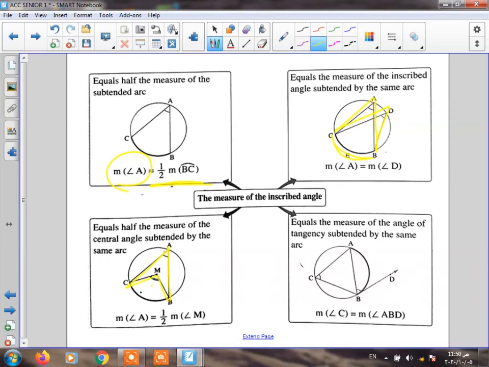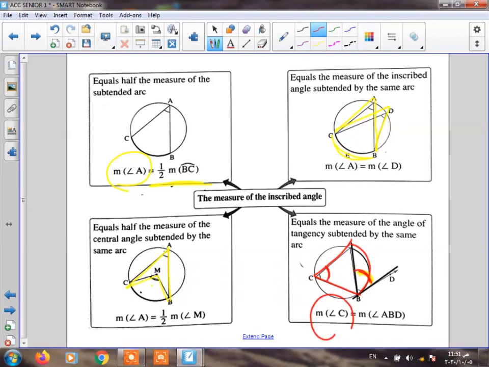And here I need the relation between the inscribed angle and the angle of tangency. Again, this is the tangent, this is the chord of tangency, this is the angle of tangency and the arc it is subtended by, and here I have an inscribed angle. That means this angle equals this angle.